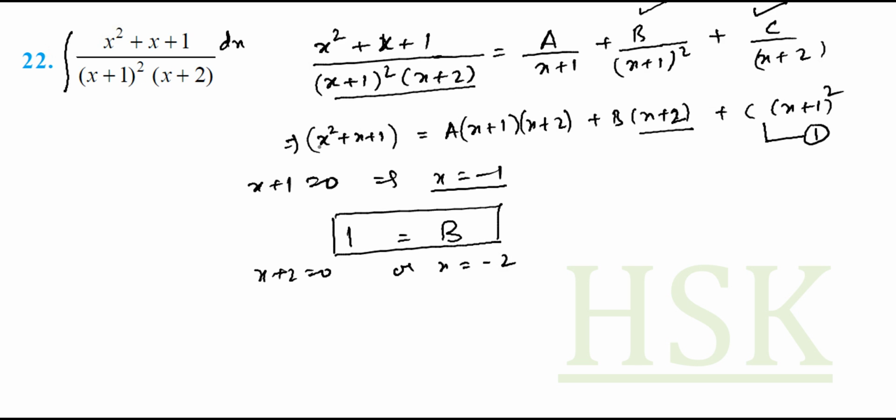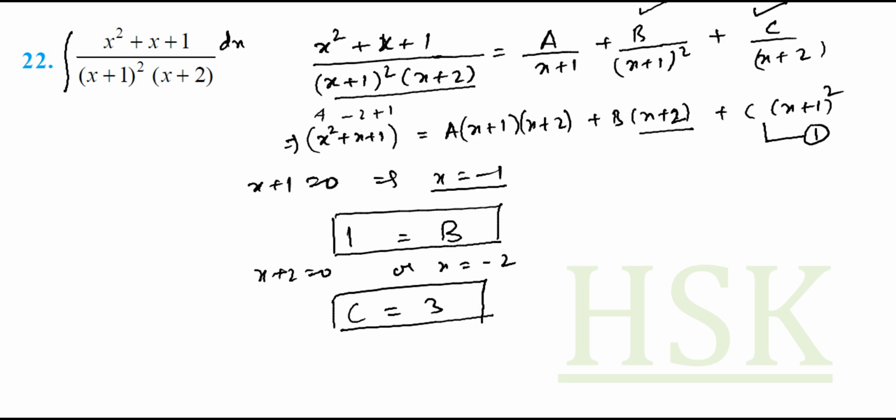On the left side, this is going to become 4 minus 2 plus 1, so this will be equal to 3, and the c term will be minus 2 plus 1 whole square, which is 1. So I'm going to get c as equal to 3. So we get two values.